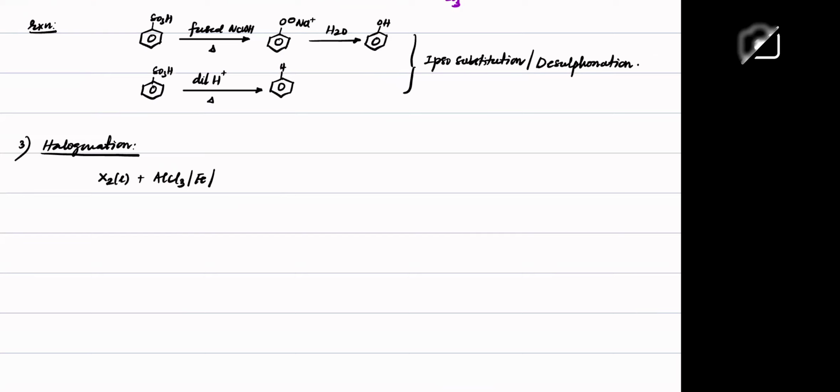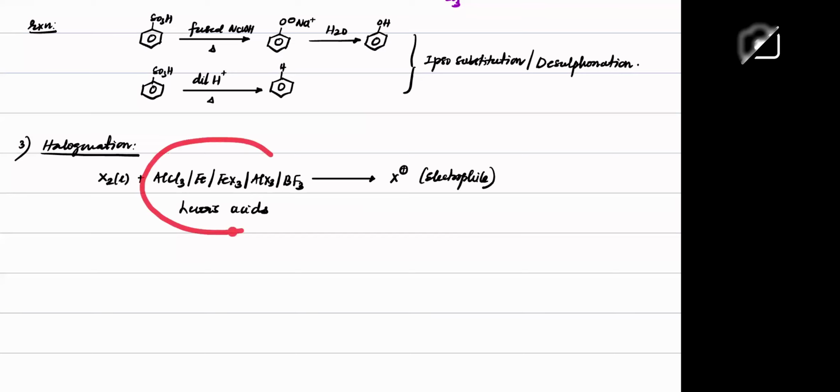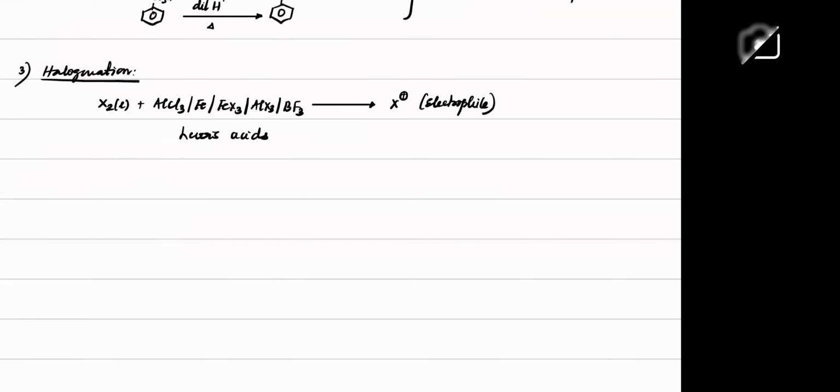We can take FeX3, any form of AlX3, or BF3. What are all these? These are all Lewis acids. So in the presence of Lewis acid, X plus can be formed here, and that is an electrophile. So wherever you see this case, that means we are trying to generate an electrophile.